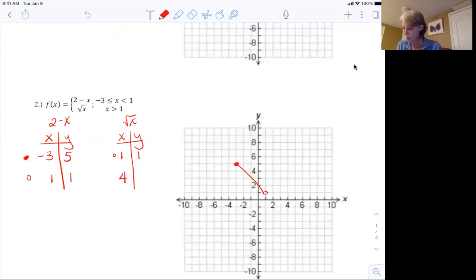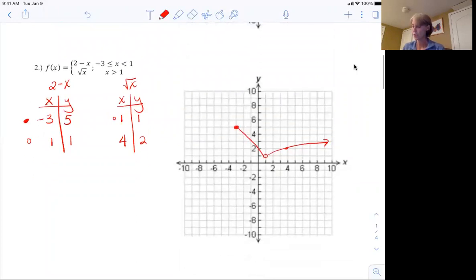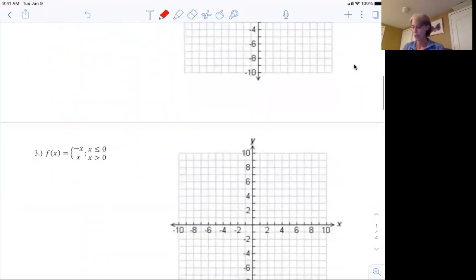The square root of 1 is 1. The square root of 4 is 2. So (1, 1), that circle is going to remain open, and (4, 2). And we know it's going to follow the shape of a square root function. Something I could ask you: is this continuous? The answer would be no. Those are just things that we have to remember that we already know.